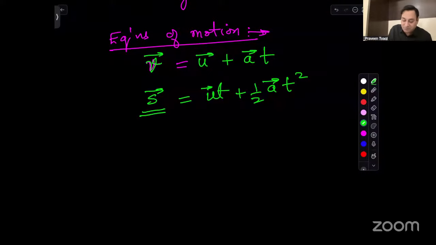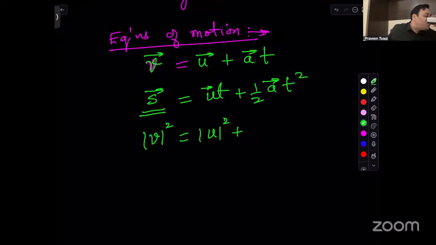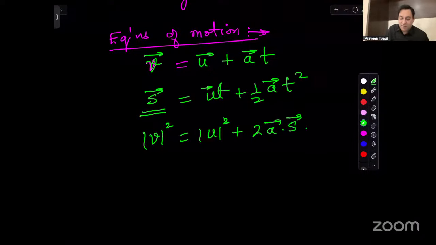Very good. And v square is equal to u square plus two a dot s. And now I'll show you how efficiently you will be doing questions based on them.